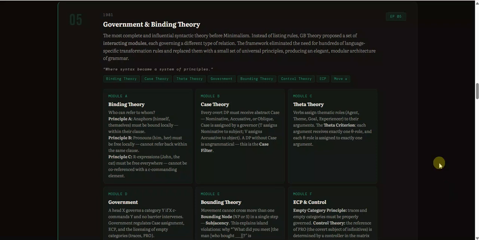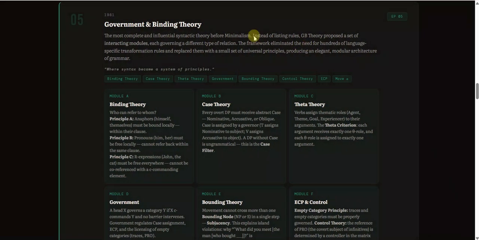This is about that. Well, episode number 5, Government and Binding theory, the most complete and influential syntactic theory before minimalism. Instead of listing rules, the theory proposed a set of interacting modules, each governing a different type of relation.